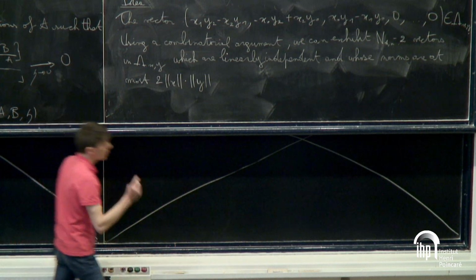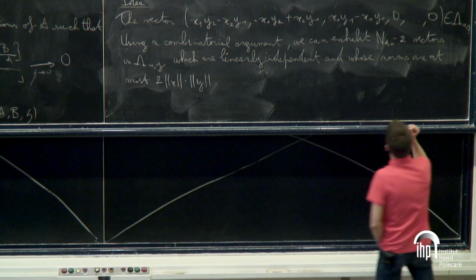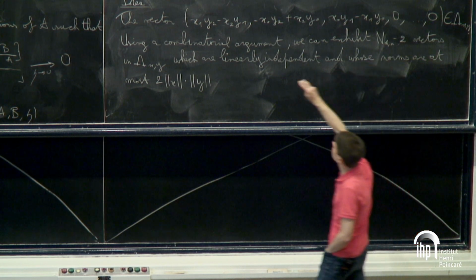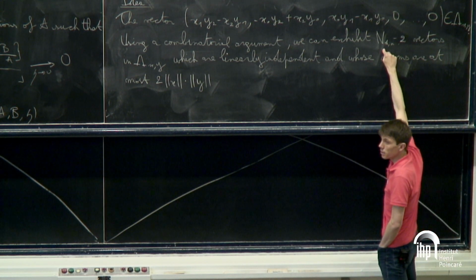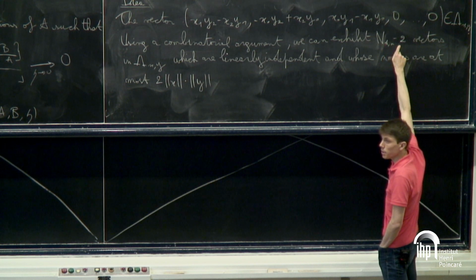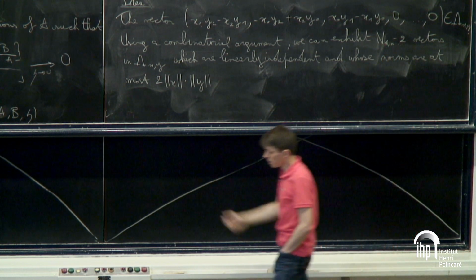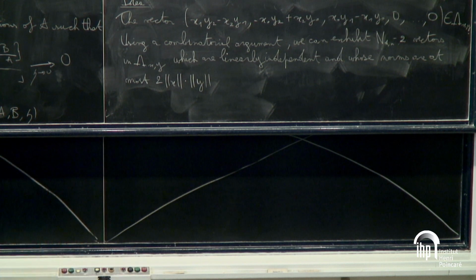Okay, and I didn't say this, but of course the rank of our lattice Lambda xy is exactly that number, capital N_d,n minus 2. So we have a maximal family of linearly independent vectors in our lattice.